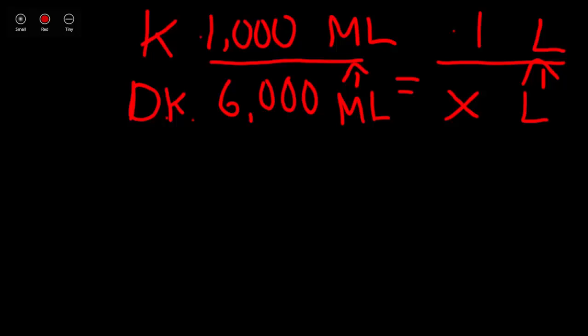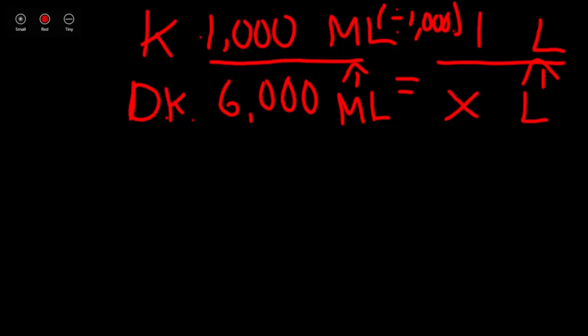Well, we need to make our 1,000 smaller, so we're not going to be multiplying. Instead, we're going to be dividing. If you divide 1,000 by 1,000, your answer will be 1, because we know our rule is any number divided by itself is equal to 1. So now we divided by 1,000 to get from 1,000 milliliters to 1 liter.